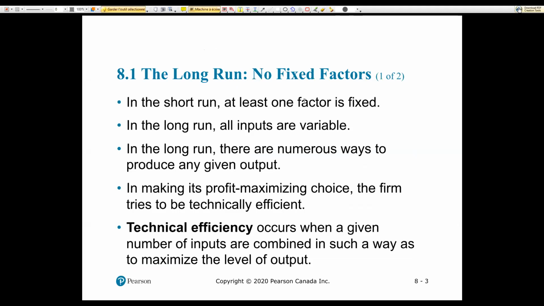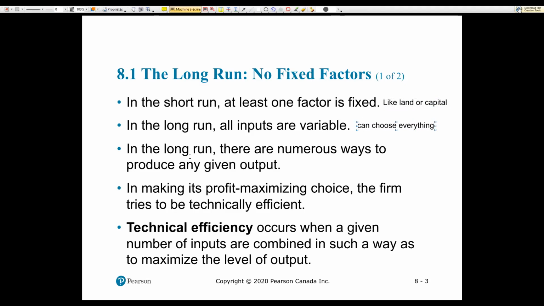In the short run, at least one factor is fixed, like land or capital. In the long run, all inputs are variable, so I can choose everything.